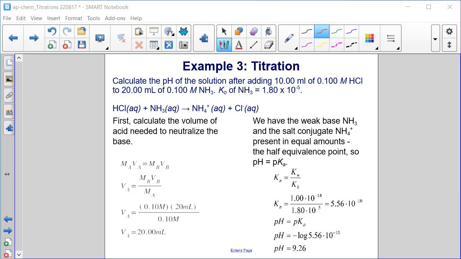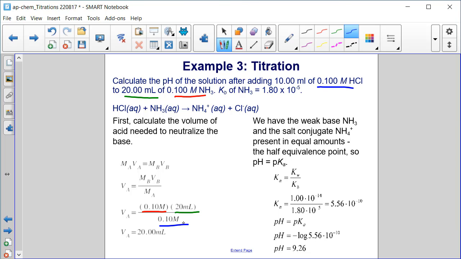All right, so the first thing we need to do is figure out what zone we are in. The way we do that is by calculating what volume of acid, HCl, is needed to neutralize all of the NH3. So the volume of the acid is the concentration of the base, which is 0.1 molar, times the volume of the base, which is 20 milliliters, divided by the concentration of the acid, which is 0.1 molar.